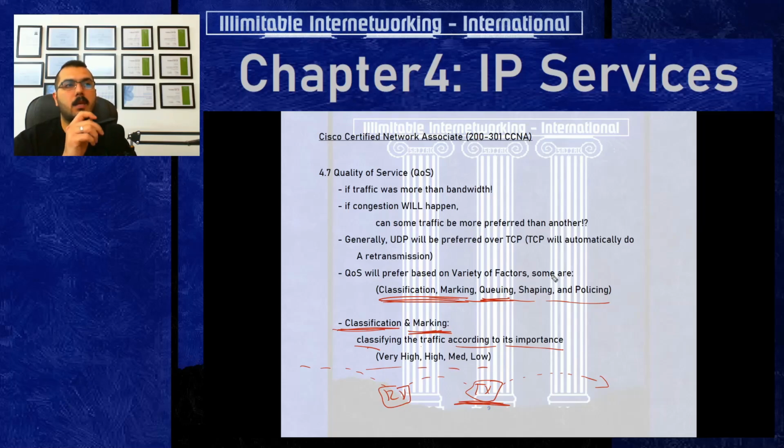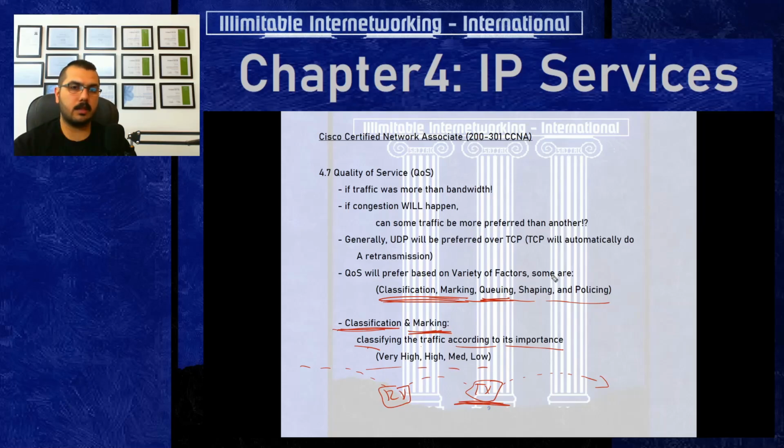And after that, I will make the traffic of FTP, which is a protocol I will talk about in this chapter just after quality of service, high. I will make the traffic of any other TCP thing medium, and low I will leave for any other type of traffic, maybe for telnet or maybe for SSH.